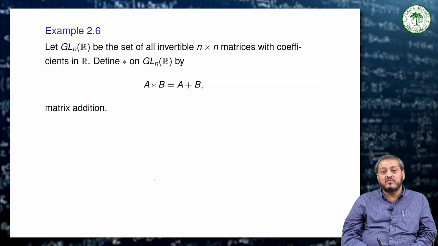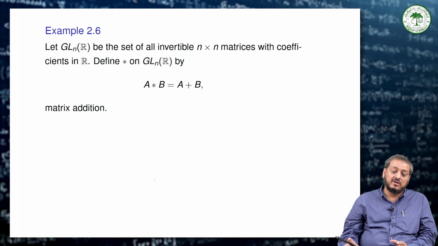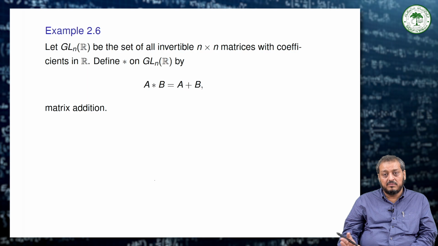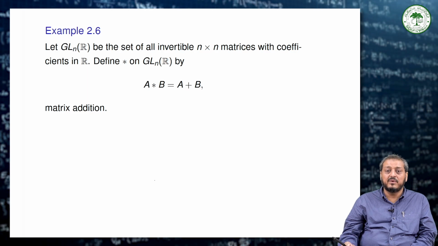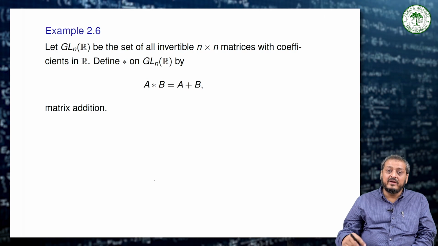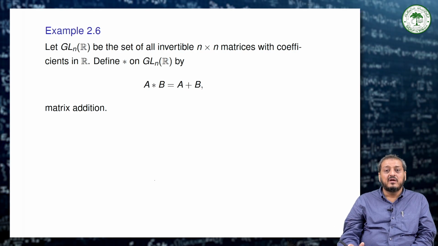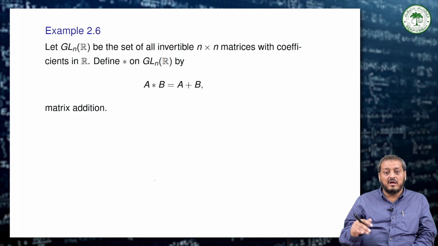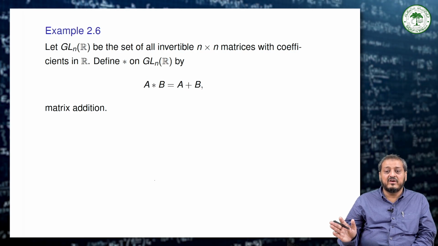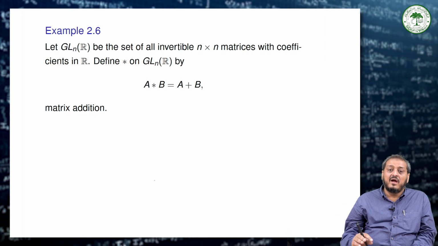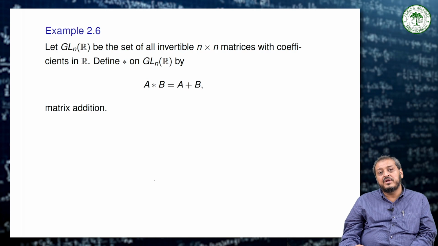Let us try a special type: the set of n by n matrices over the real numbers under addition and multiplication is a binary operation. Now a very interesting question: if we take the set of all n by n invertible matrices, with coefficients over the real numbers, and the operation is addition.